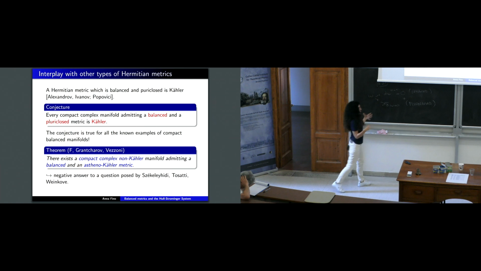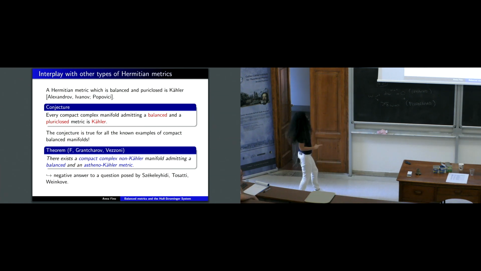So omega is dd^c closed. What happens? The proof was given in different ways, independently by Alexandrov, Ivanov and Popovici. Essentially, if you impose both conditions at the same time, you get Kähler, you go back. Omega is Kähler.